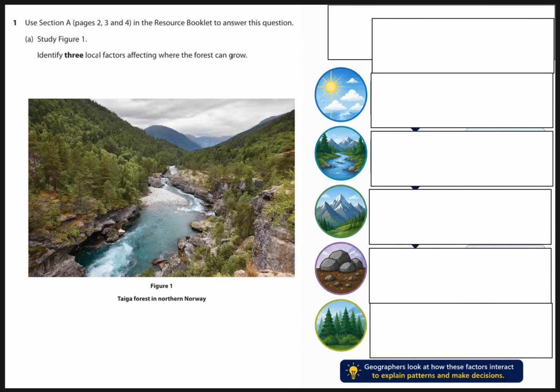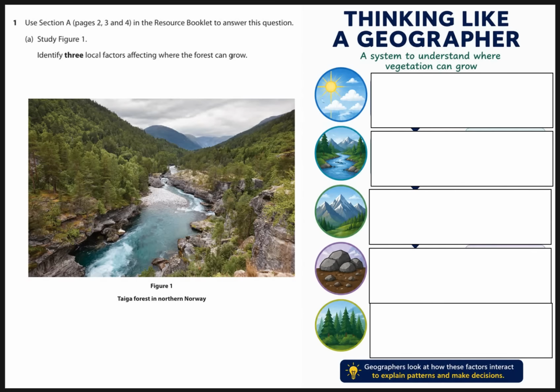This is only a 1 mark question, but worth pausing and thinking about how we identify things on features on a photograph. Geographers think in a systematic way. Go from the top. So the sky, let's start there.